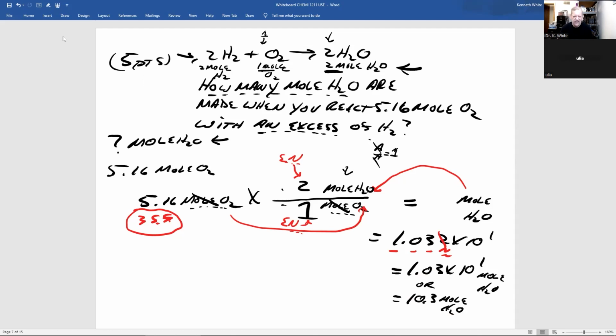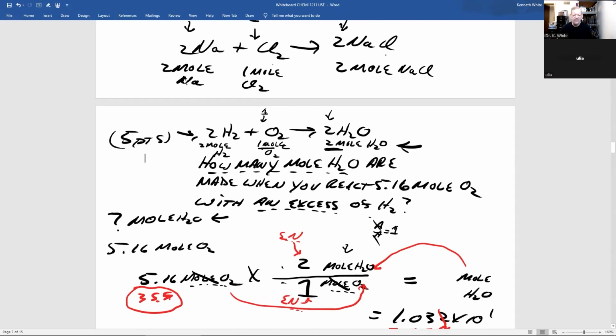Now, what was the key to this problem? The key was that the coefficients, the numbers in front in a balanced chemical equation, give you molar relationships. And for this one, 2 hydrogen, 1 oxygen make 2 water.